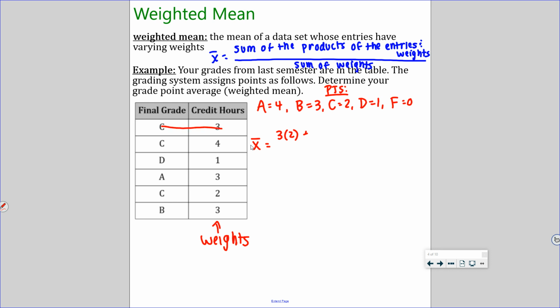So the next one. For those 4 credit hours, how many points did I get for that one? 2 because it was a C. All right, for my 1 credit hour, I got a D, so I got 1 point for that. For these 3 credit hours, I got an A, so I got 4 points for that.